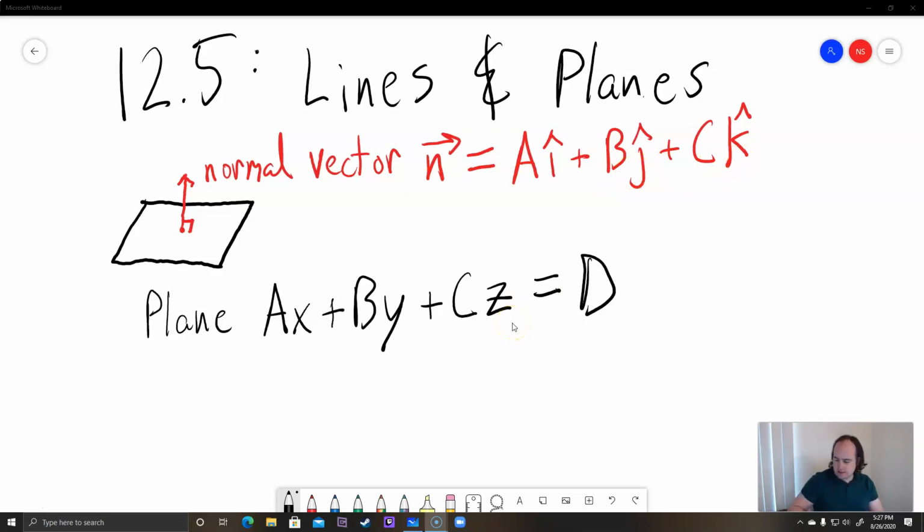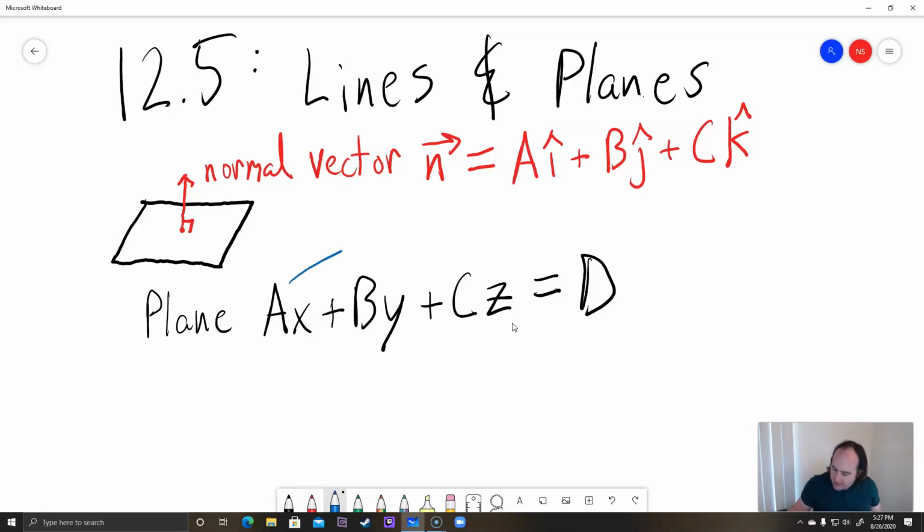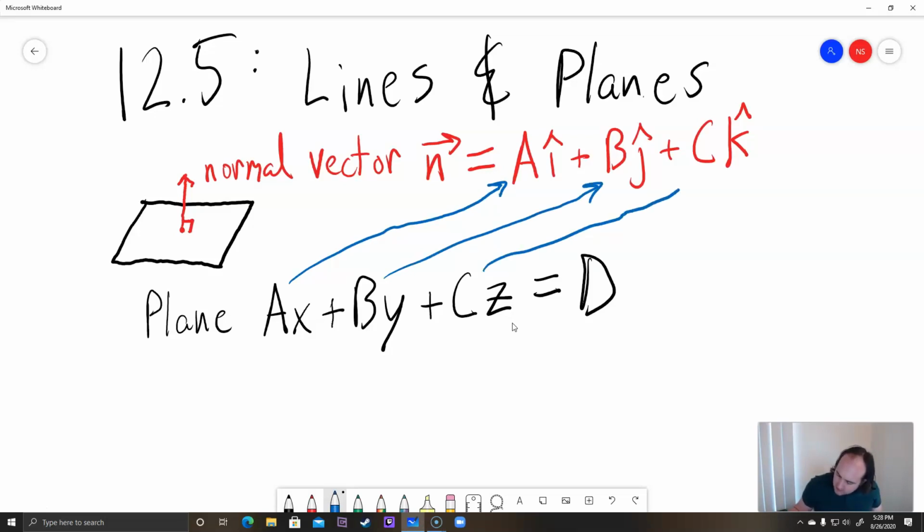So notice we actually have the a from the x goes right there, the b from the y goes right there, and the c from the z goes right there.